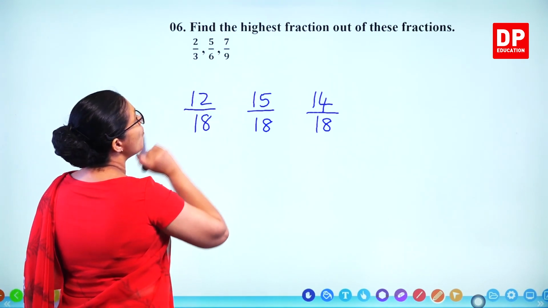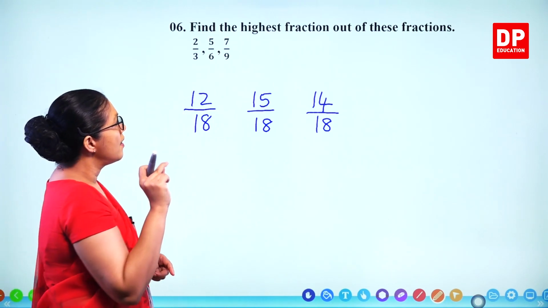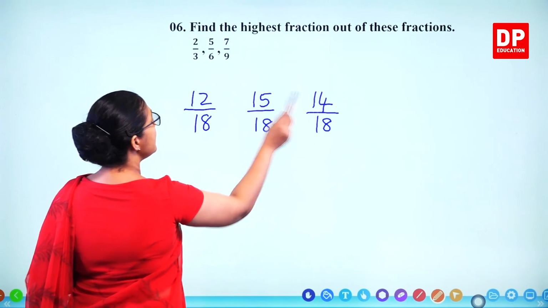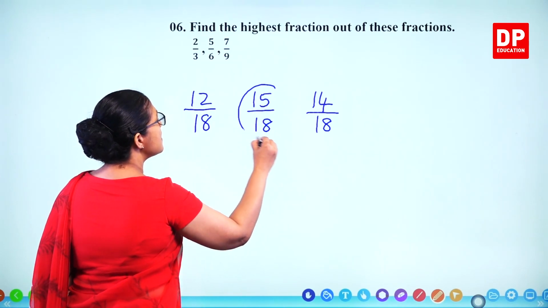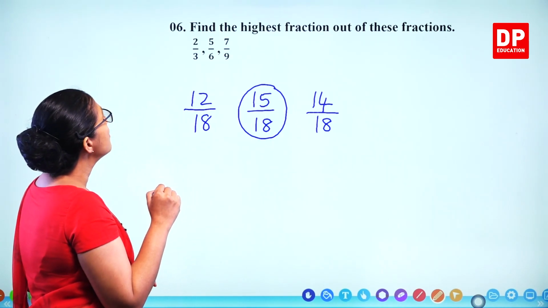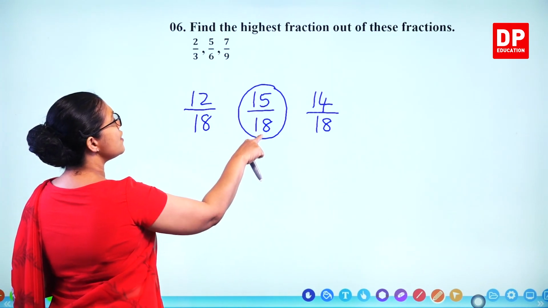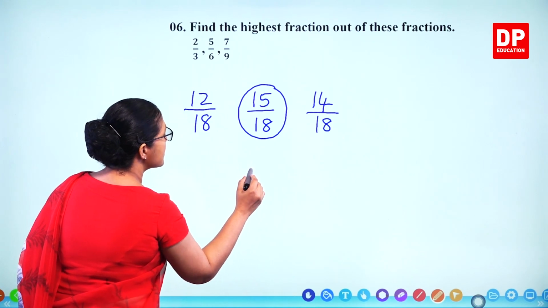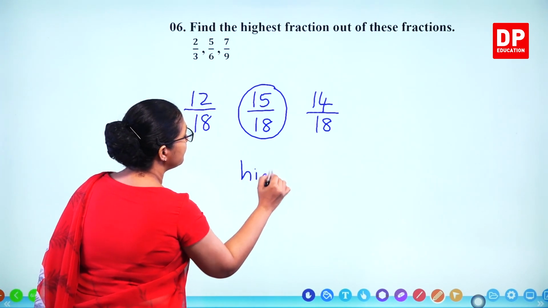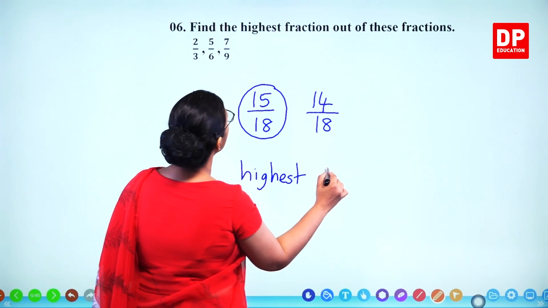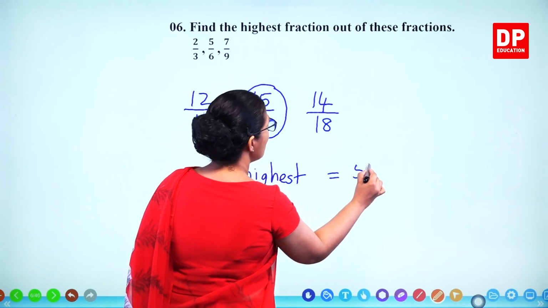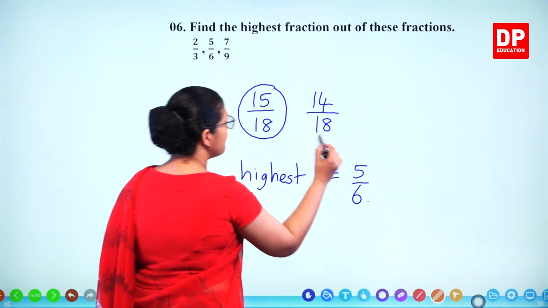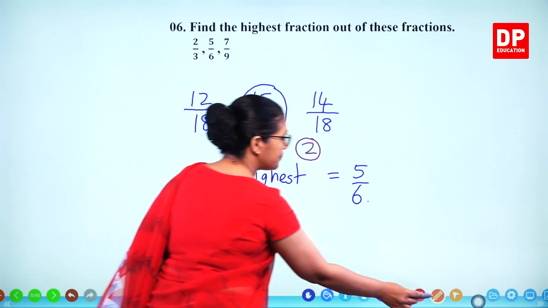And which one is the highest? 15 in the numerator is higher than the other 2. So this is the highest one. But you can't write the answer 15 over 18. This is equivalent to 5 over 6. So the highest one, 5 over 6. You get 2 marks.